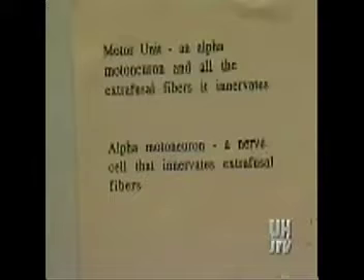Each alpha motor neuron ends up activating a certain number of muscle fibers. The motor unit is that alpha motor neuron and all the extrafusal fibers it innervates. Innervate basically means supply neural information to.